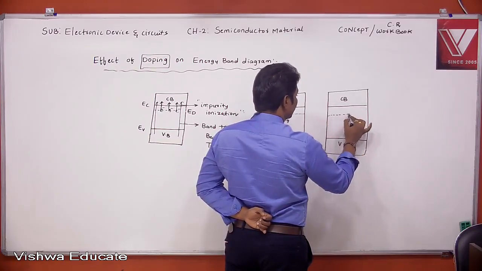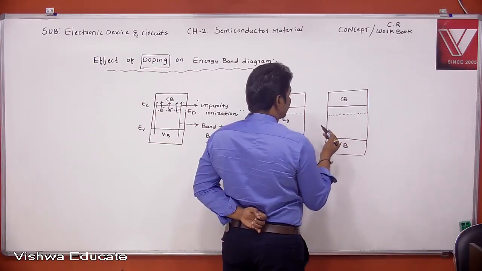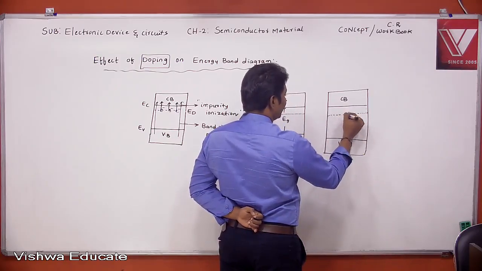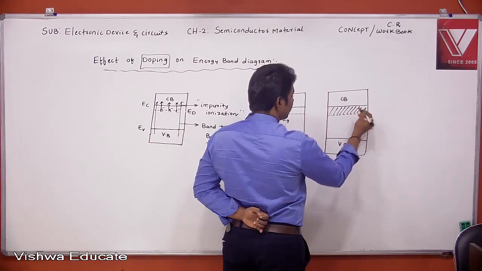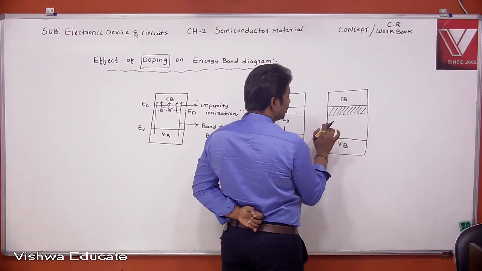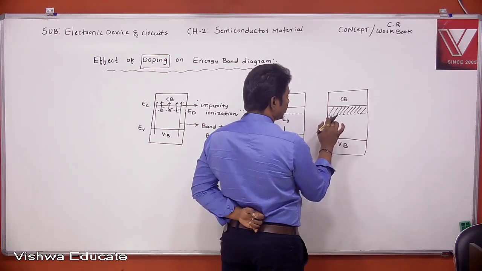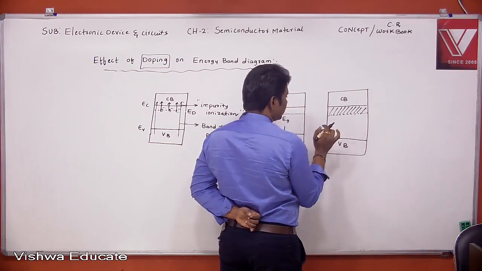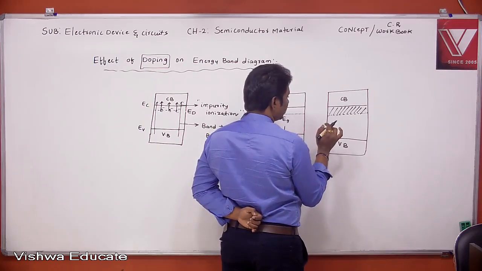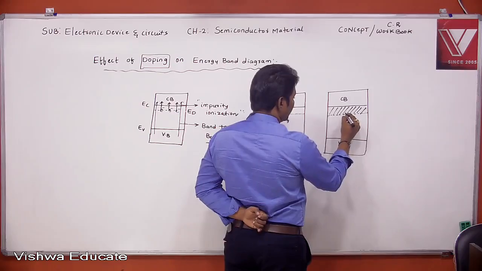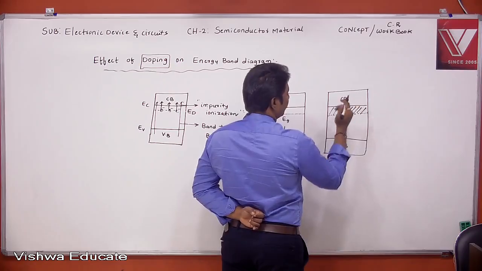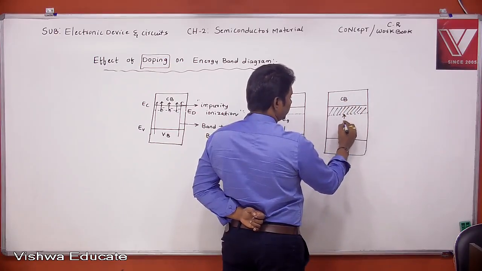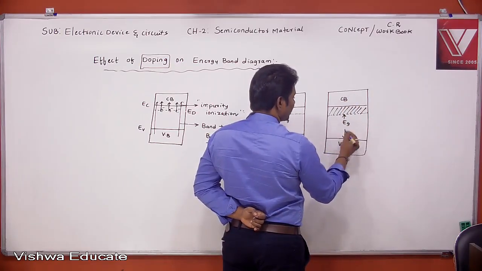The energy gap decreases because of heavy doping. Why does the energy gap decrease? Because interaction between the atoms increases, due to which multi-energy levels are formed, and the energy gap is decreased.